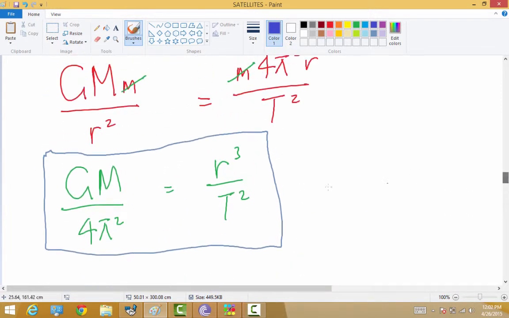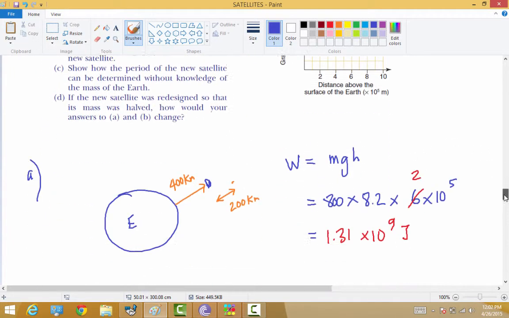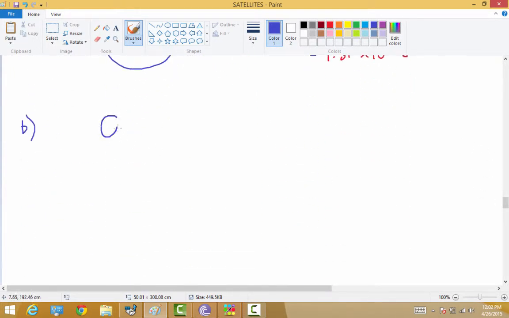Here we get a chance to use this formula: GM over 4 pi squared, where G is the universal gravitational constant and M is the mass of the large body, the Earth in this case, is equal to R cubed over T squared. R is the radius at which the satellite will be, and then we calculate the period.